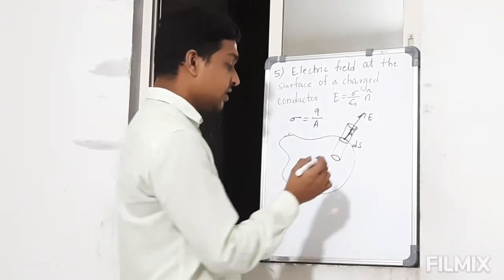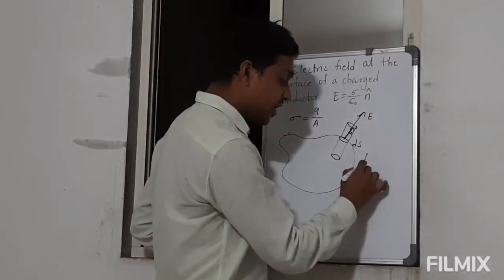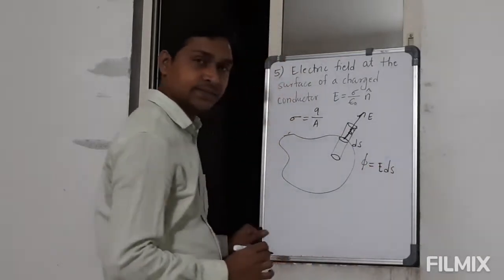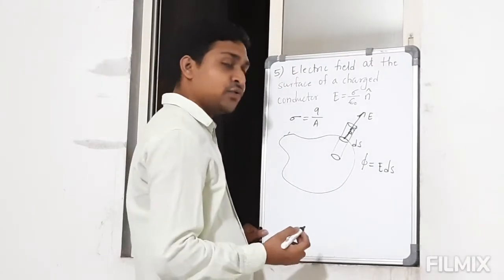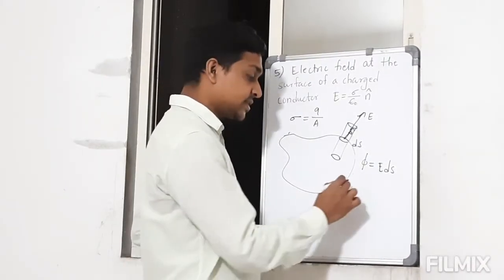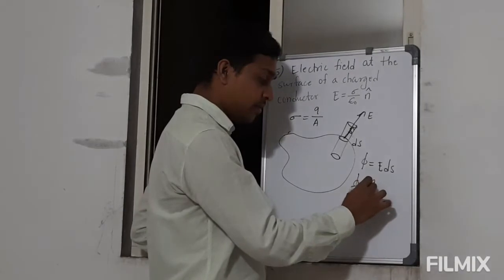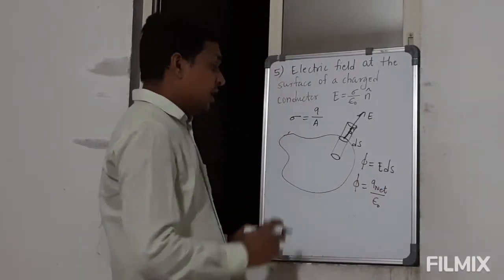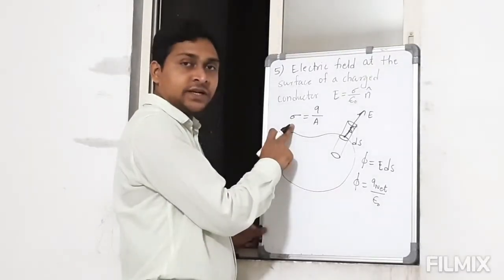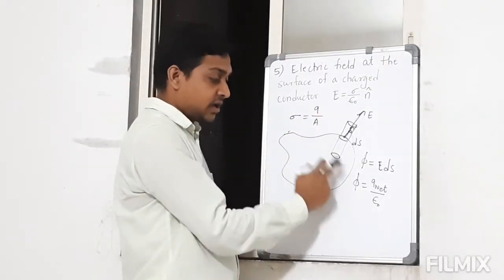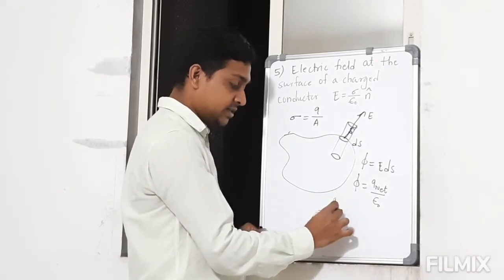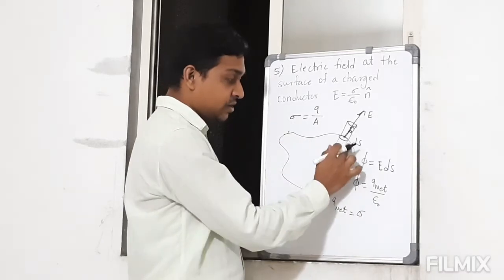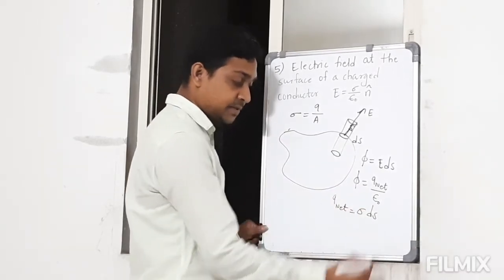Okay, so we want to find flux, so phi is equal to E into ds. Next, if you want to apply the Gauss theorem, it says that phi is equal to q net upon epsilon naught. Now, if you use the formula that surface charge density is equal to charge upon area, we get Q net is equal to charge density, that is sigma, into the area of this particular Gaussian surface, ds.